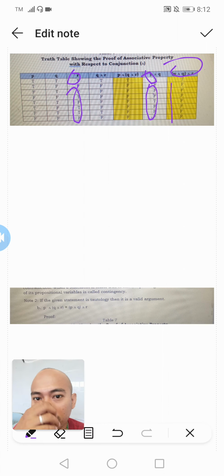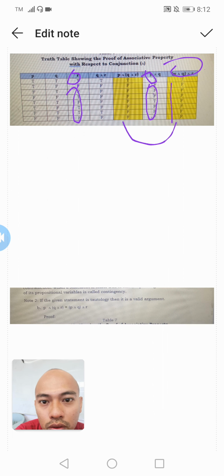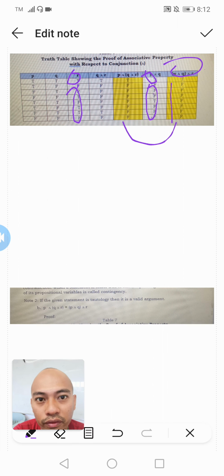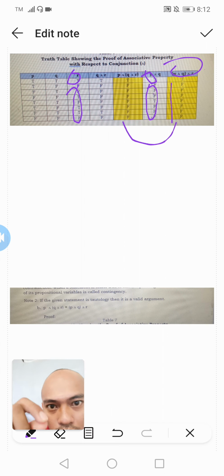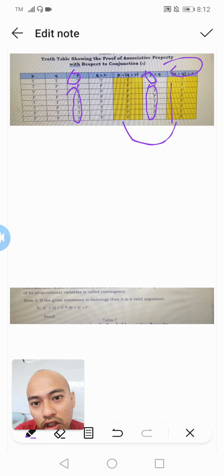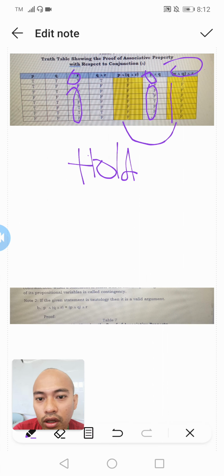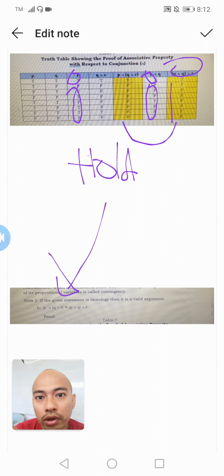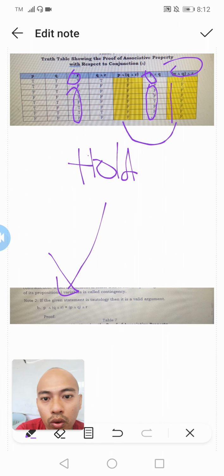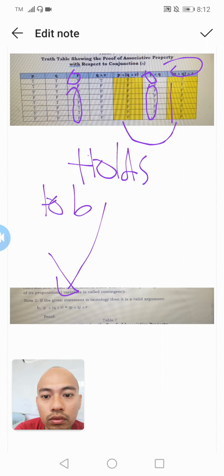Okay? So ang gagawin dyan is to describe, okay? Describe what are the truth values on the left side and what are the truth values on the right side. If you will observe that the arrangement, the truth values are the same, totally the same, then automatically we can say that the statement under this associative property with respect to the conjunction operation holds to be true.